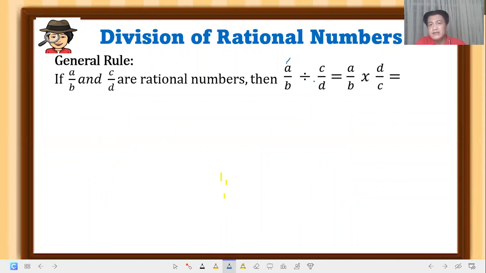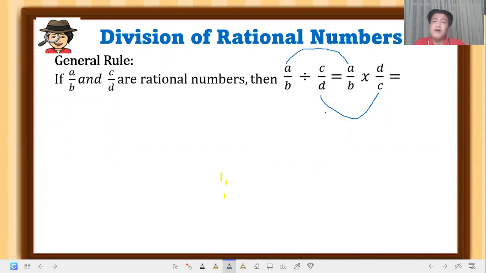From this, okay, kinopy lang muna natin, di ba? Okay, and yung divisor natin, anong nangyari sa divisor? Kinuha po yung reciprocal. When we say reciprocal, you have to flip over the divisor. Pinagpalit natin yung pwesto ng numerator at denominator.